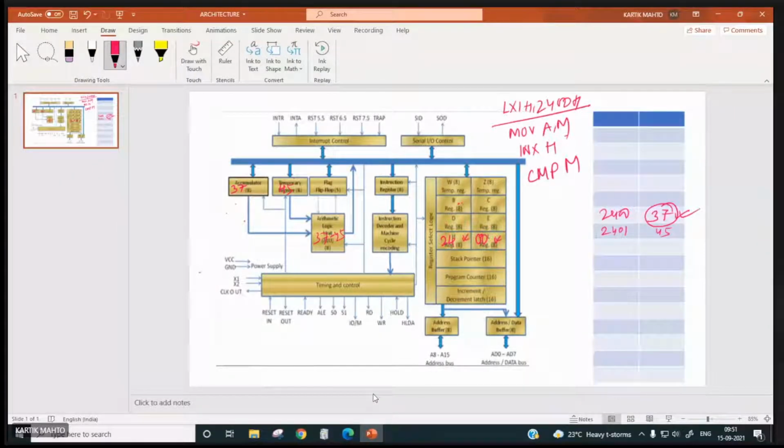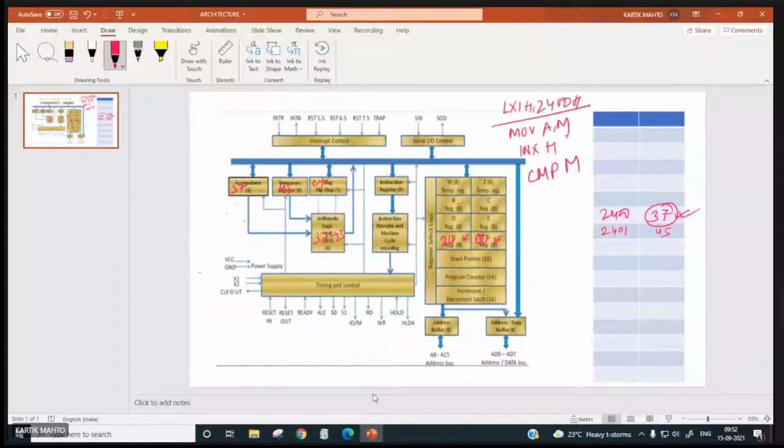Sir, the zero flag will be 0 and the carry flag will also be 0, sir. Why will the carry flag be 0? 37 is greater than 45? No, sir, the carry flag will not be 0. So it will be what? Sir, don't care.